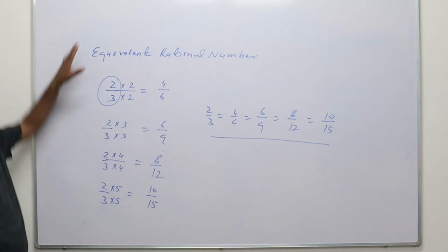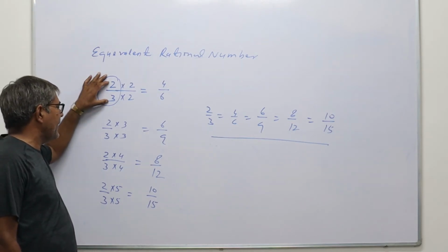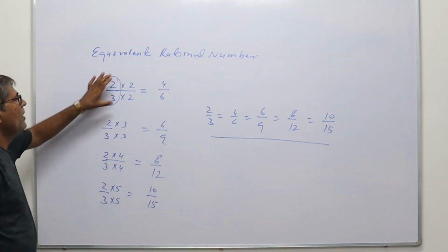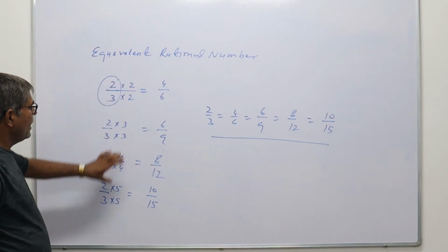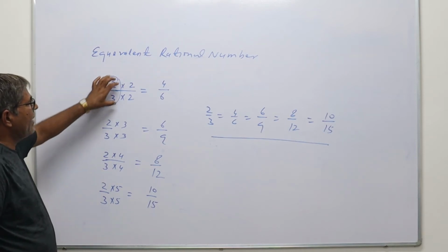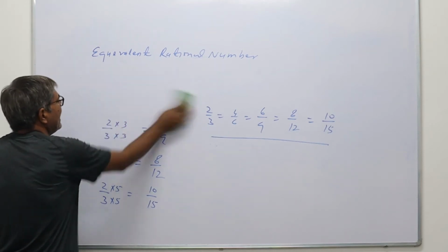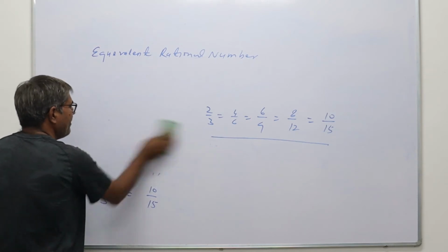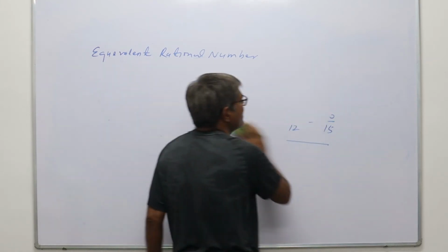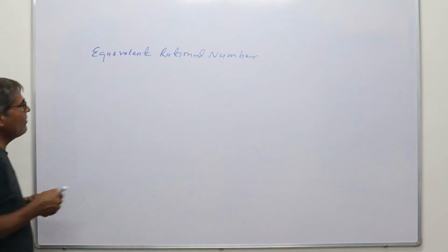So if we have to find the equivalent rational number to any given rational number, then we will multiply the given rational number by 1, 2, 3, 4, 5 and so on, continuously by the same number in numerator and denominator. For example, if you are asked to find the first 4 equivalent rational numbers to 4 upon 5, then what we will do?